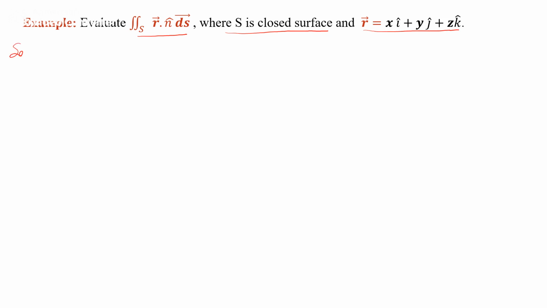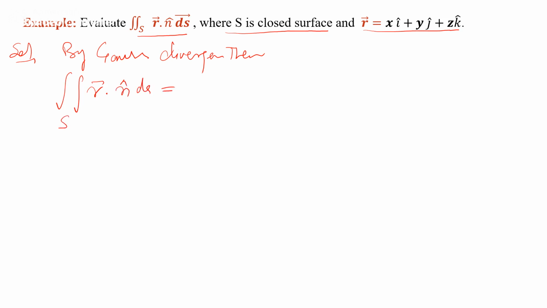Now, as we know, by the Gauss divergence theorem, the surface integral of r dot n ds is equal to the triple integral, that is the volume integral, of divergence of that vector r dv. Now here r is what?